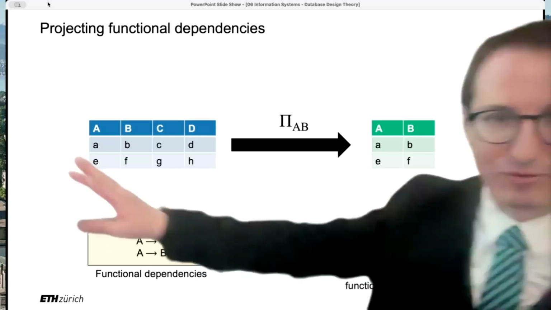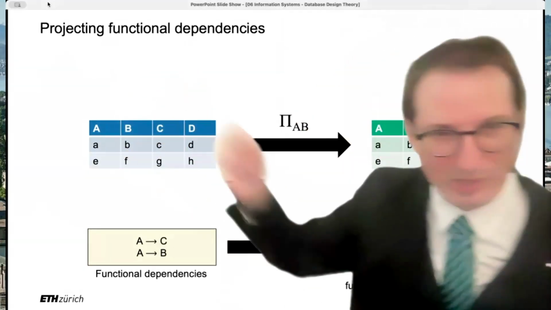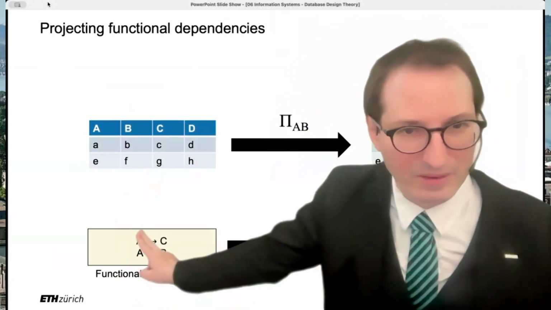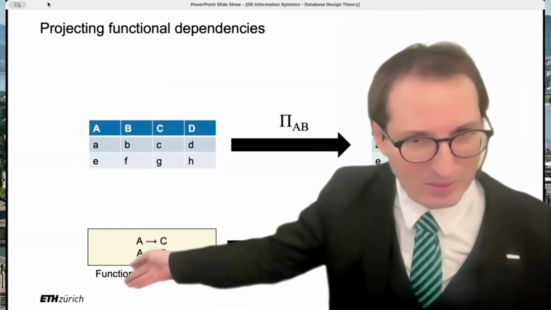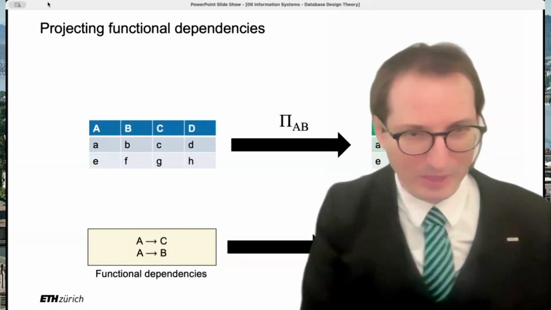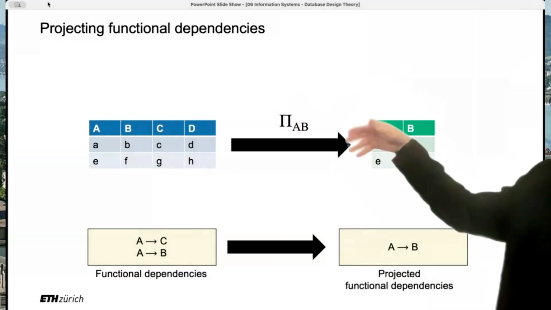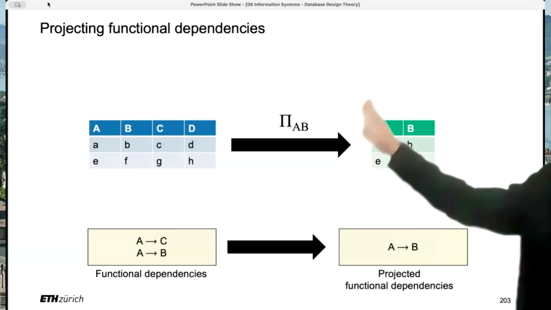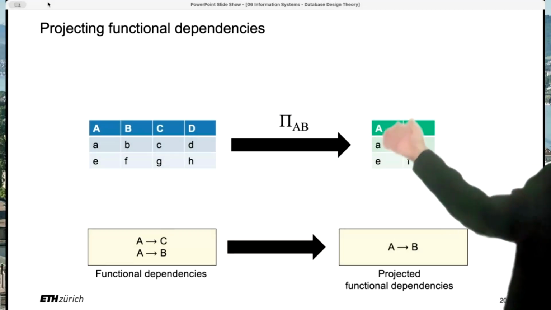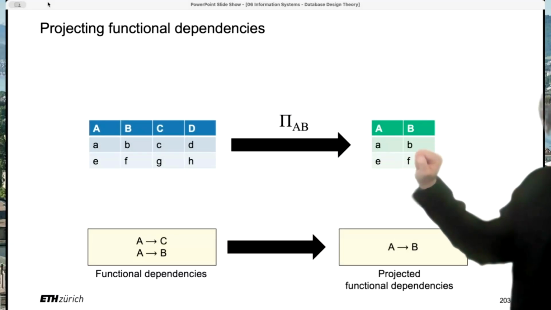For example, I might have a table with all kinds of problems that wasn't correctly designed and that has these two functional dependencies, right? A determines C and A determines B. And we project it to just A and B, perhaps because we think that then we have a table that is meaningful. For example, it's a table of products, it's a table of persons.